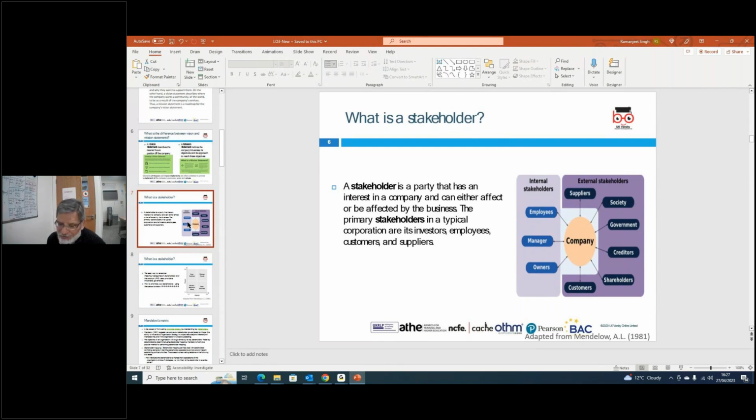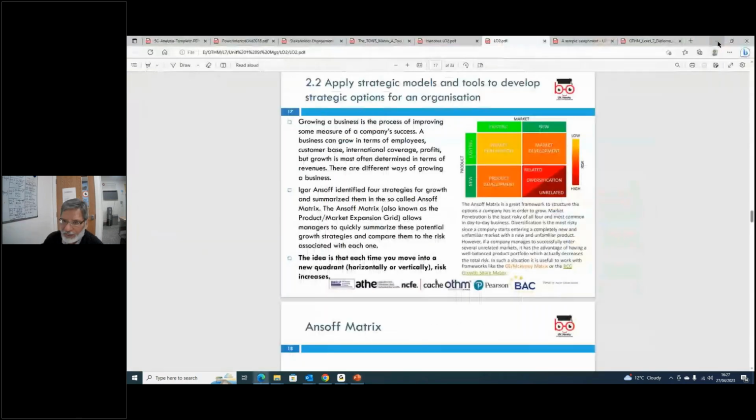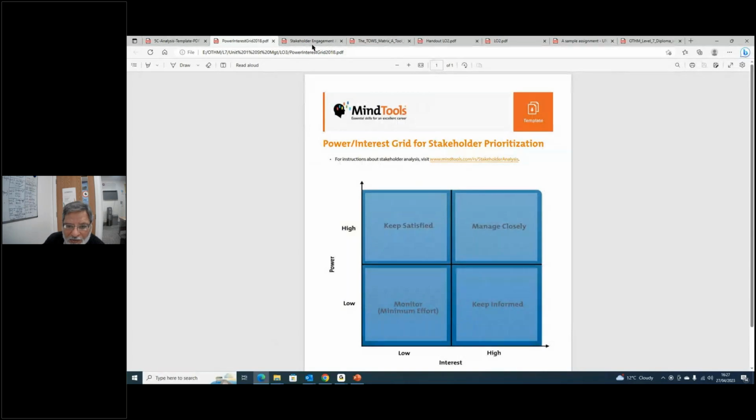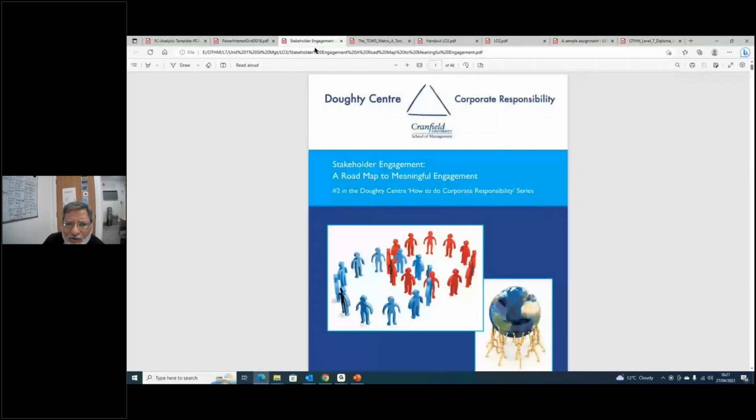They're all interested in your company because they have some kind of stake in your organization. What type of stake do they have? It depends on the nature of the stake. So, stakeholder.